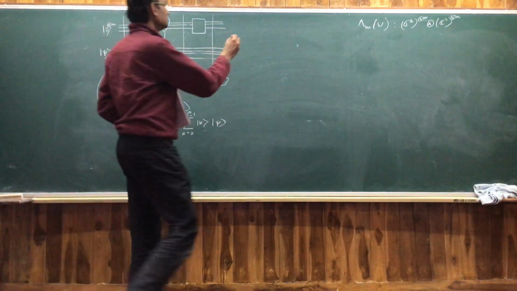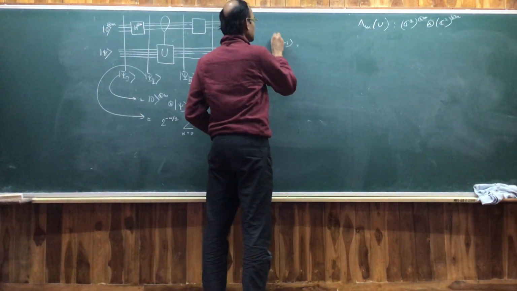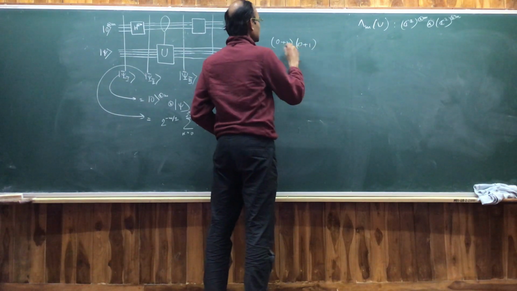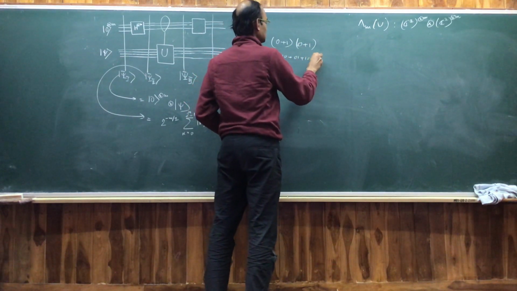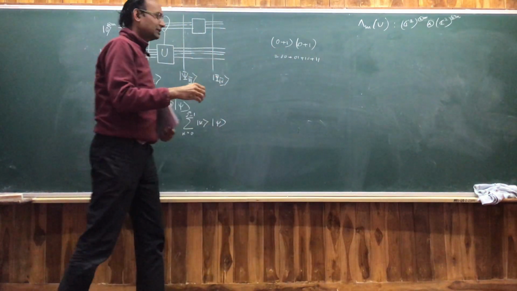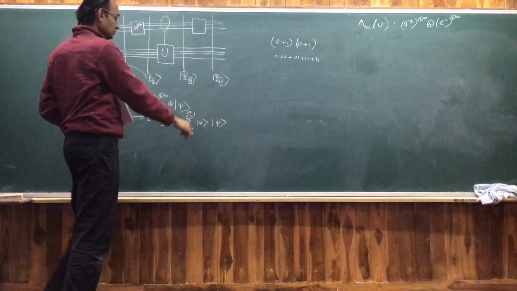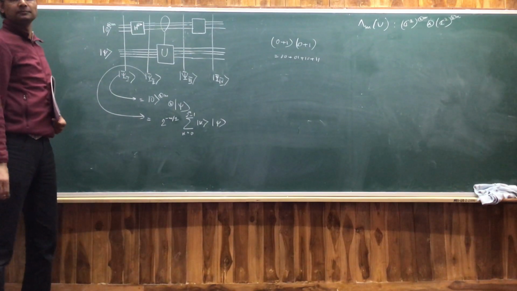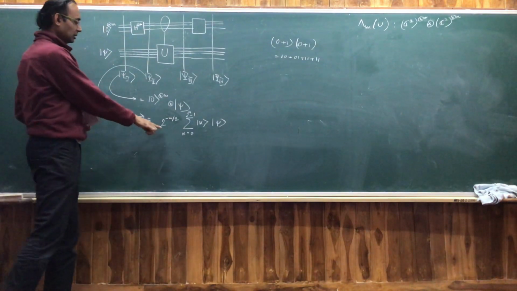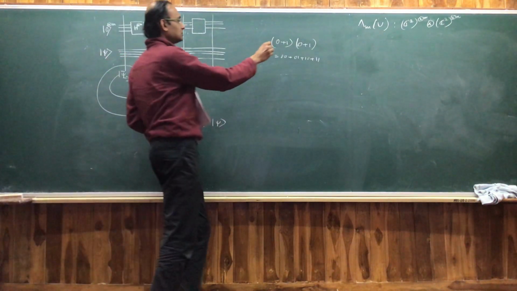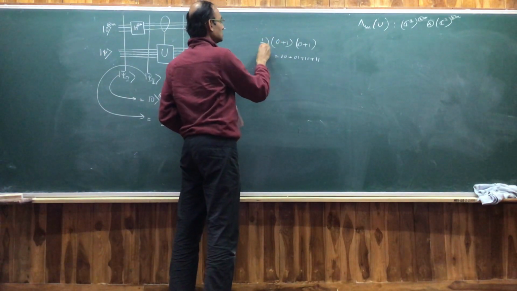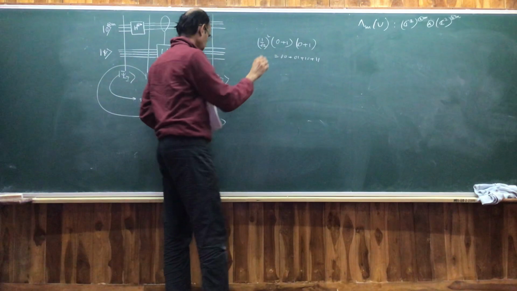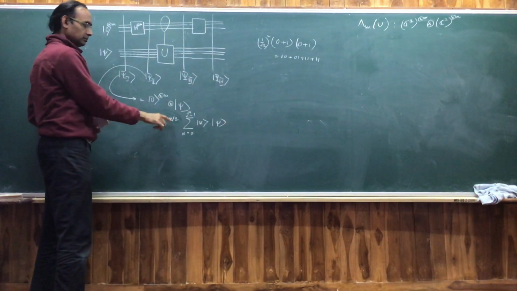It's like 0 plus 1, 0 plus 1, it will be 0, 0 plus 0, 1 plus 1, 0 plus 1. So all combinations of bits in the qubits, of course. And this is the normalization. This will be 1 by root 2 power 2, so it's 1 by root 2 power n.